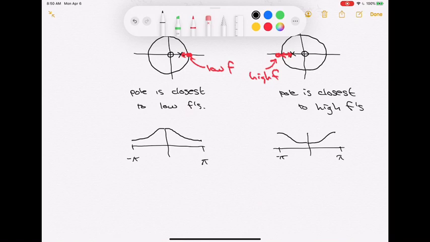Well, we can formalize this. We can use, just like we did in continuous time, the location of poles and zeros relative to where sinusoids live to be able to sketch out things like magnitude response and phase response.